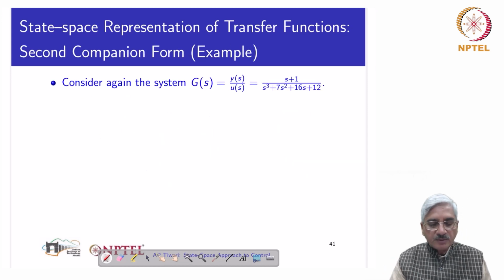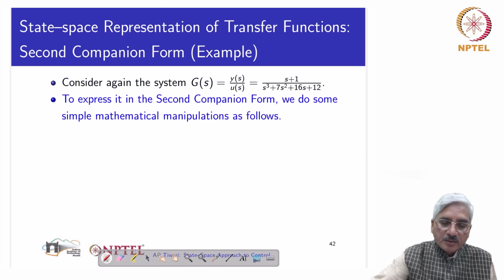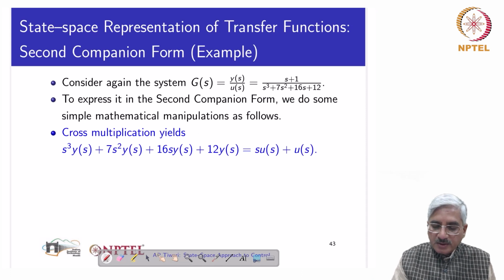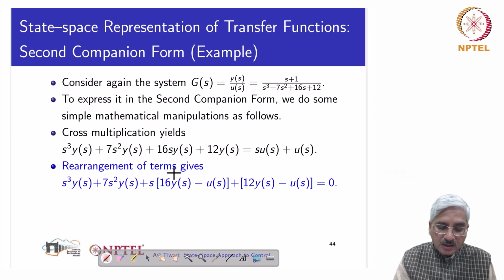The same system, if we consider to obtain the second companion form representation, then of course it will be done in simple manipulations like this. We cross multiply and then we rearrange the terms of identical powers. There is no power of s cube with u, so this we keep alone.